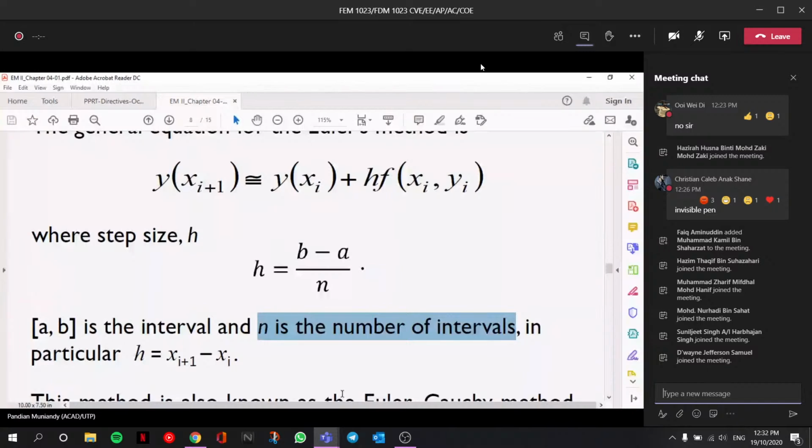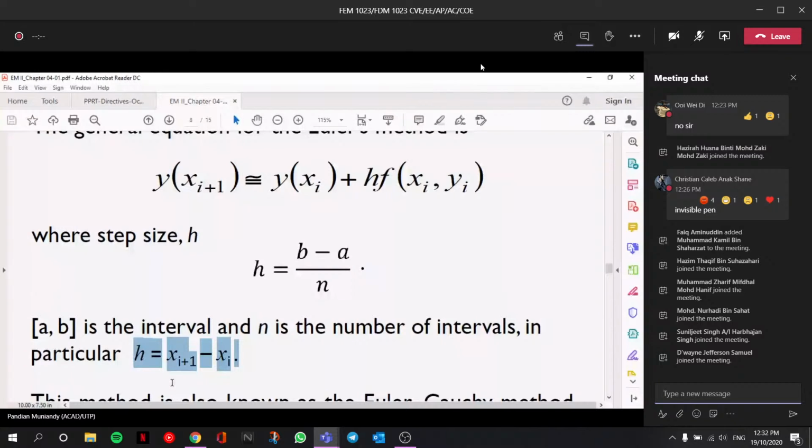Example, how we calculate this n and h. Of course, we want to calculate the h, provided b is given, a is given. b is the upper bound, a is the lower bound, and n is the number of intervals. In particular, h also can be calculated this way, or defined as x(i+1) minus xi.